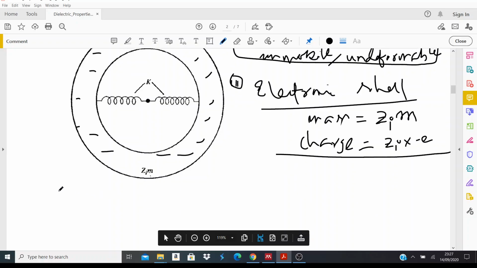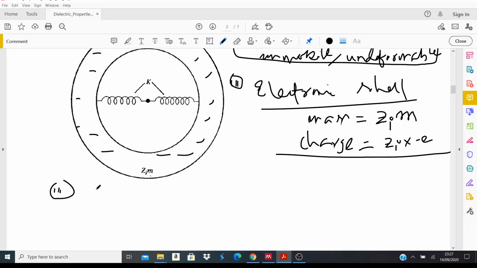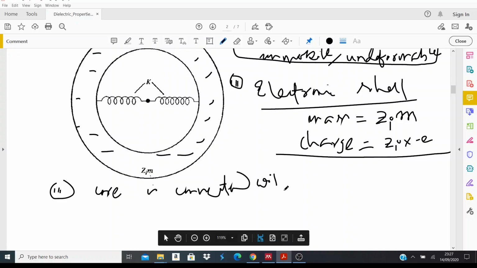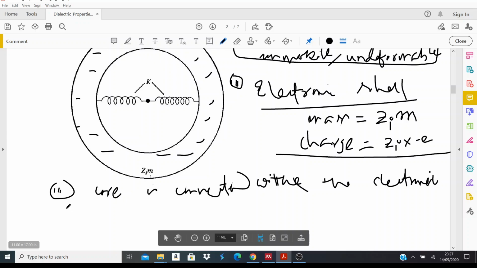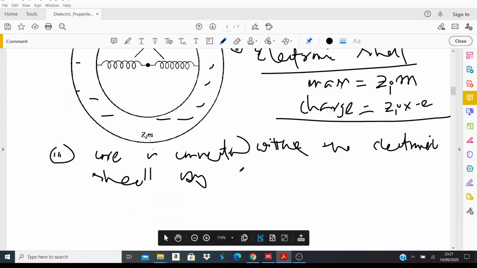And we can say that this heavy immobile core is connected with the electronic shell by some spring with spring constant k.